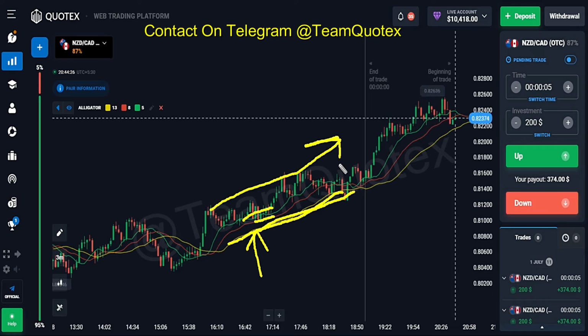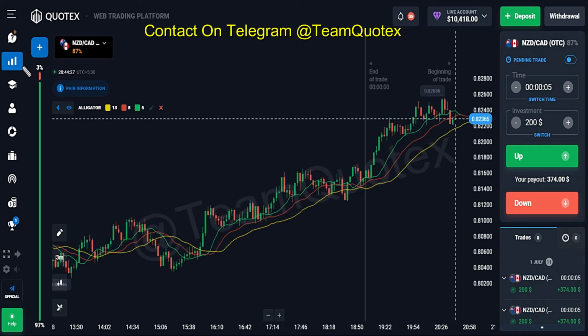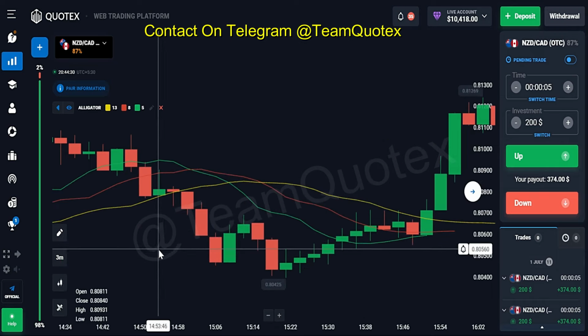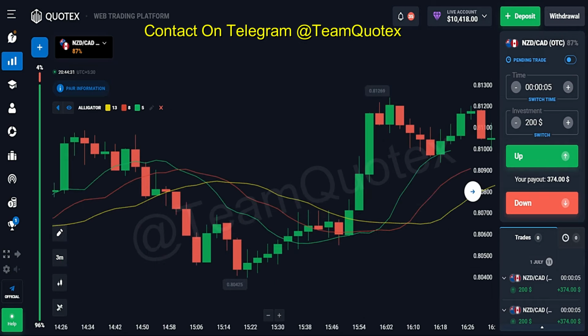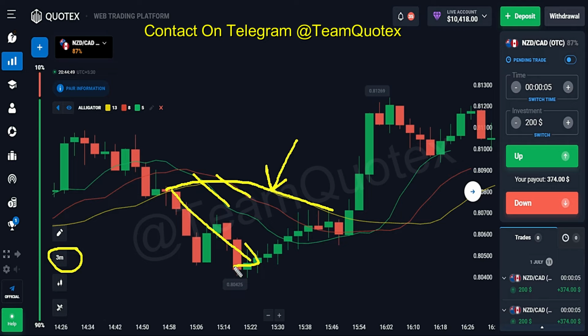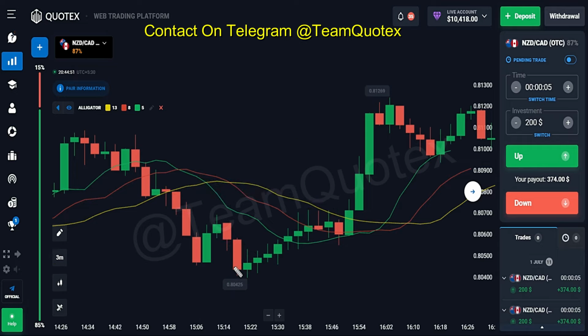On the other hand, if I zoom it like this, this is your yellow line, and if both your green and red lines are below this yellow line, that means for this particular time frame a downward trend exists on your trading chart. So now you know how you can identify the trend.